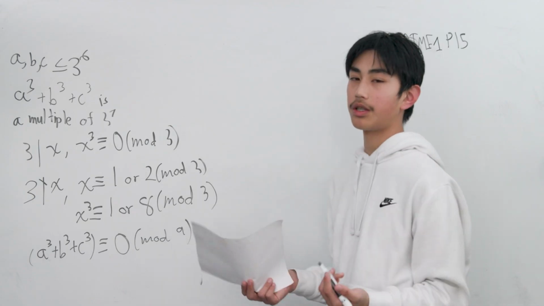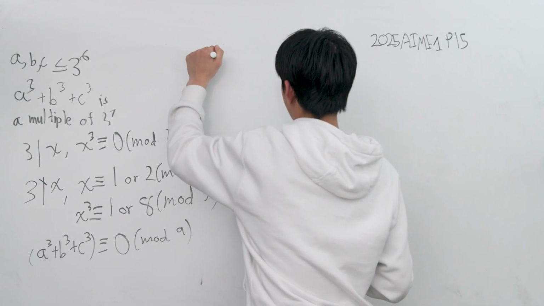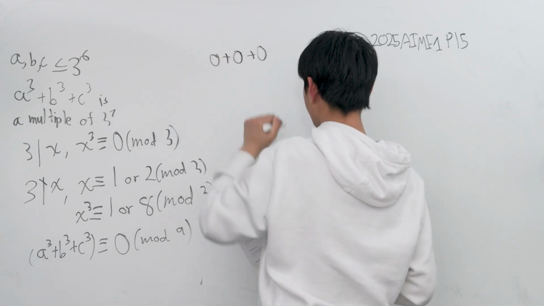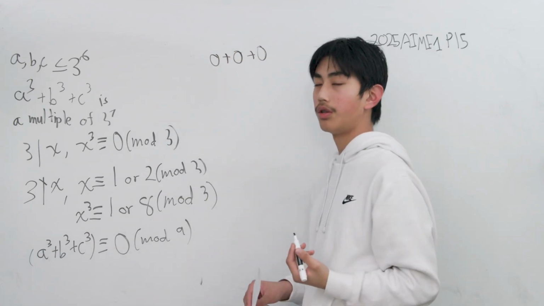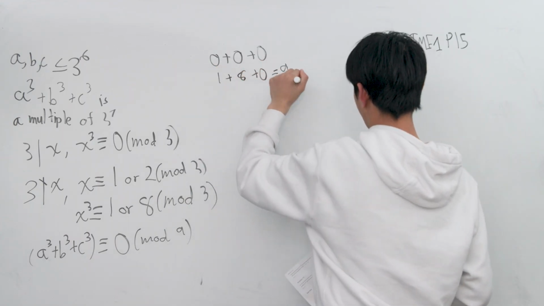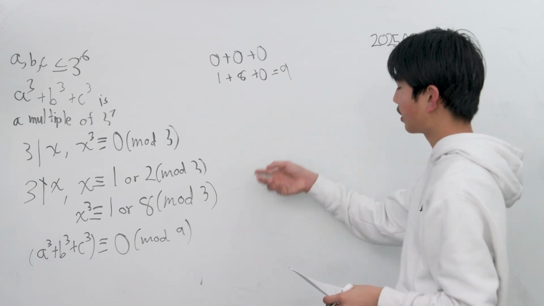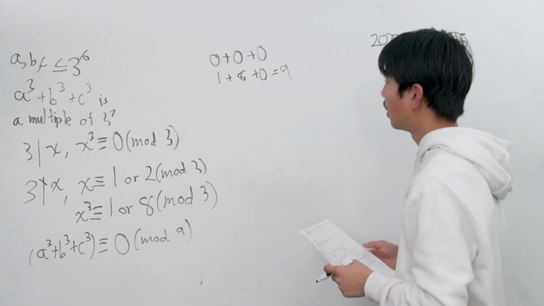So what this is basically saying is that we can either do 0 plus 0 plus 0, or we could do 1 plus 8 plus 0. This is 9, and it is divisible by 9.